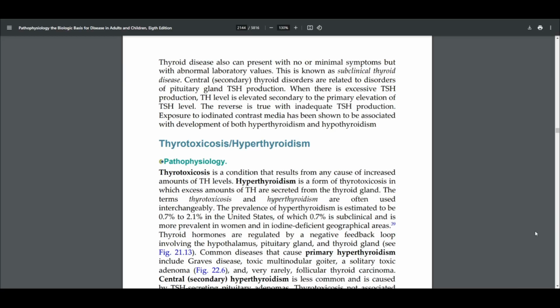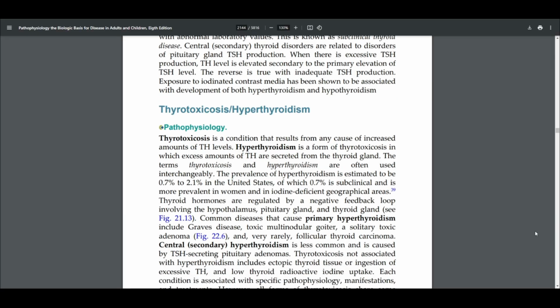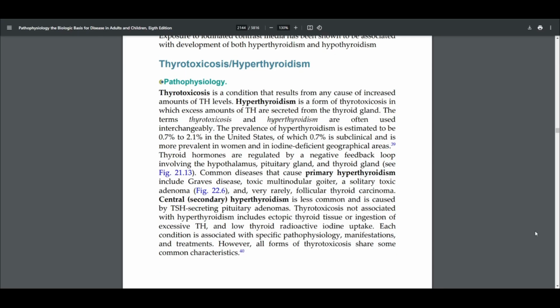Thyrotoxicosis, or hyperthyroidism. Thyrotoxicosis is a condition that results from any cause of increased amounts of TH. Hyperthyroidism is a form of thyrotoxicosis in which excess amounts of TH are secreted from the thyroid gland.